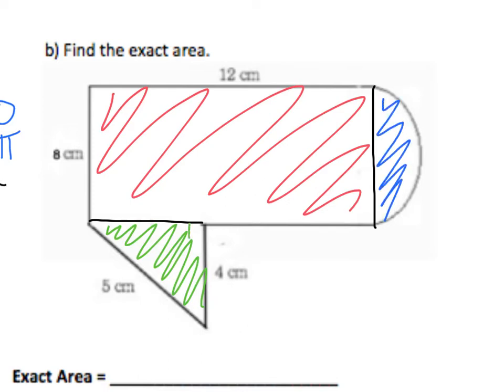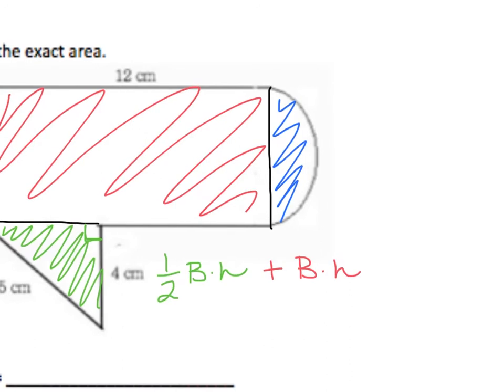So your triangle, remember, you would find half the base times the height. The rectangle would be the base times the height. And then your circle, remember to find the area of a full circle, that was pi r squared. But if I want just half of it, I'll take that answer and divide it by 2. Or multiply it by 1/2.